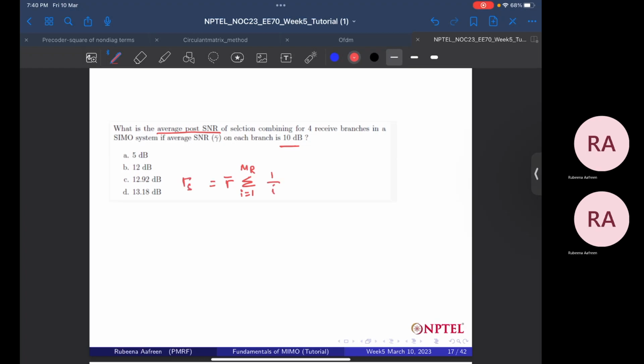Each branch SNR is 10 dB, so gamma bar is 10, that is 10 only. So this would be equal to 10 times, since 4 branches are there, 1 by 1 plus 1 by 2 plus 1 upon 3 plus 1 upon 4, right?